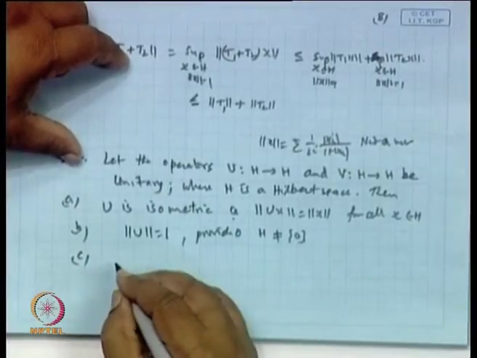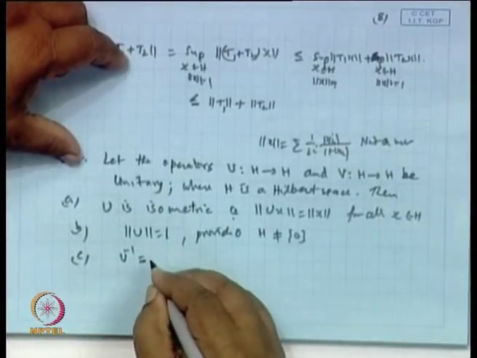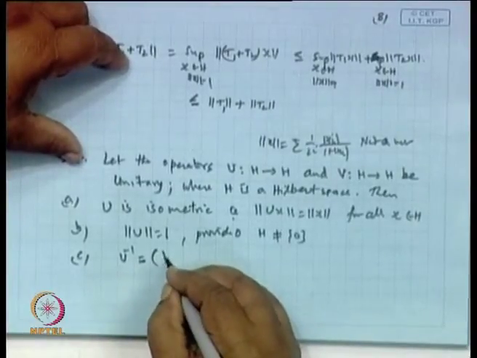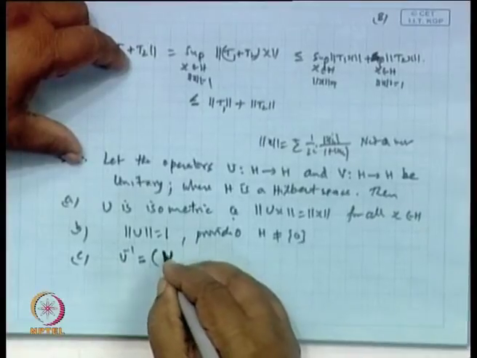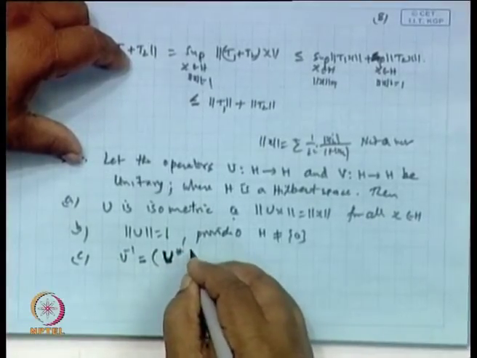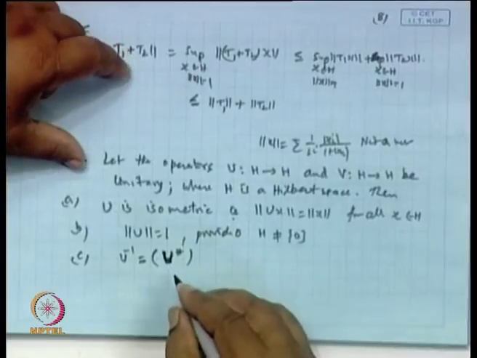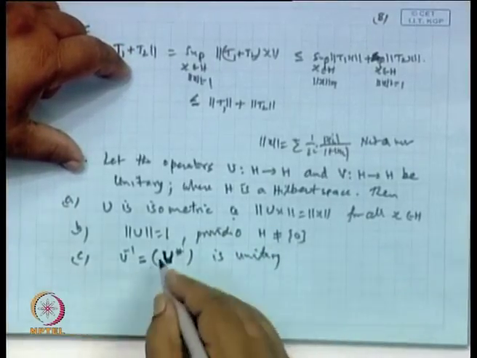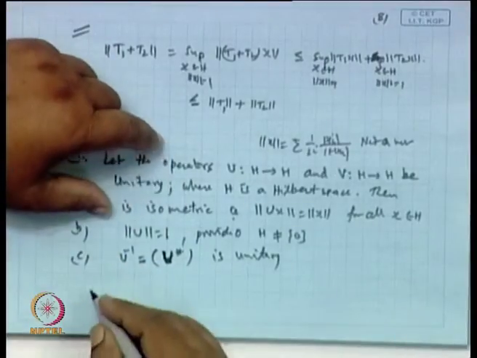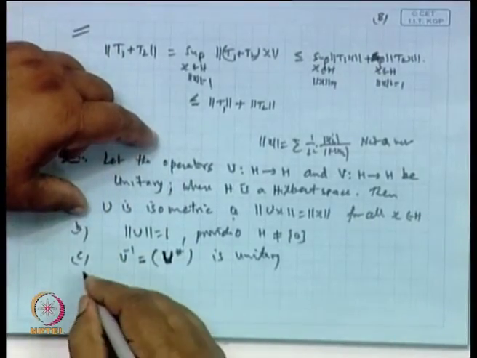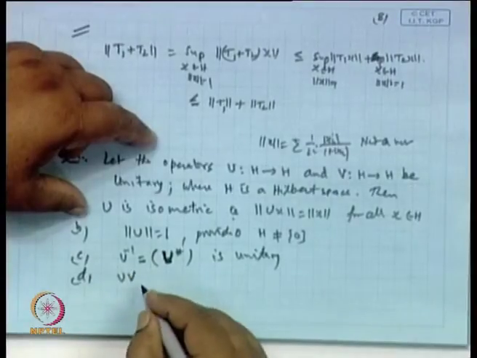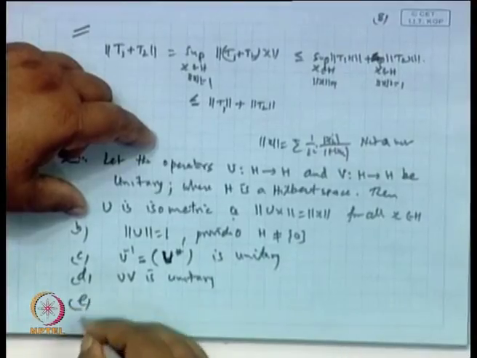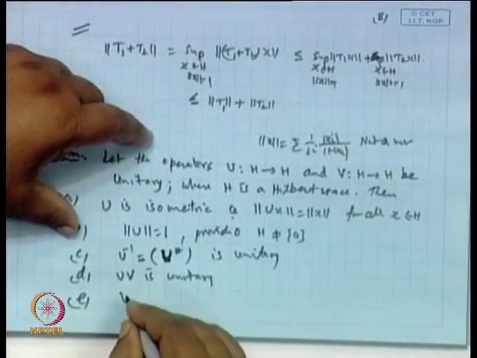U inverse is equal to U star. U star is unitary, and UV is unitary. U is normal.